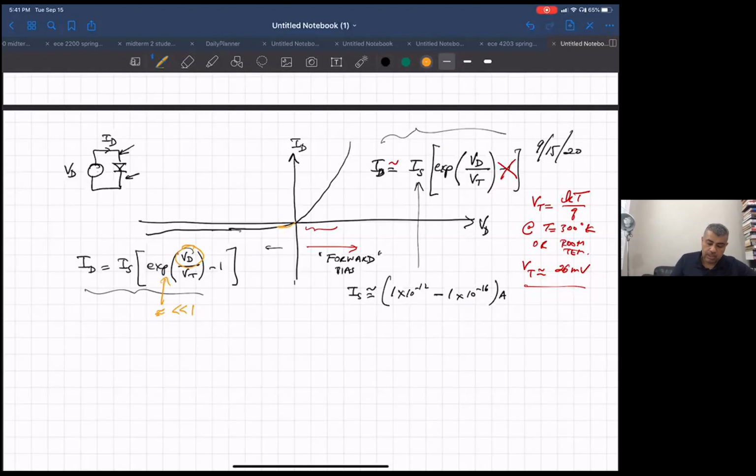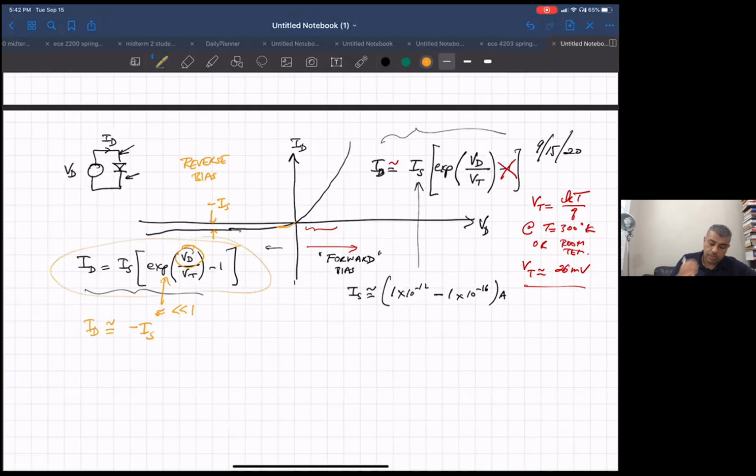So then I sub D turns approximately into minus I sub S. So you end up with minus I sub S essentially. But again, it's the same equation. Whether it's forward bias or reverse bias, and this region is called reverse bias, it's the same equation.